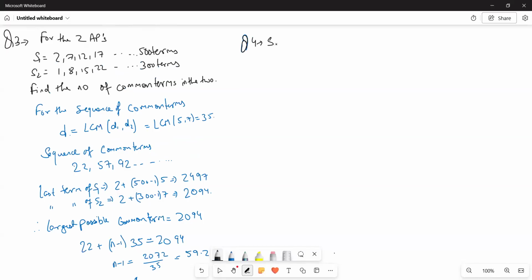Find the value of this sequence: 1 square minus 2 square plus 3 square minus 4 square plus 5 square going up till 1999 square minus 2000 square.